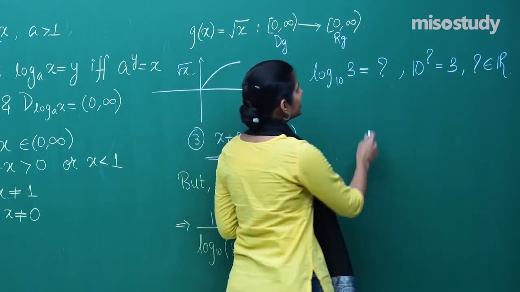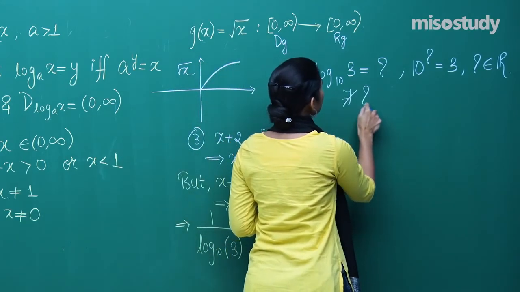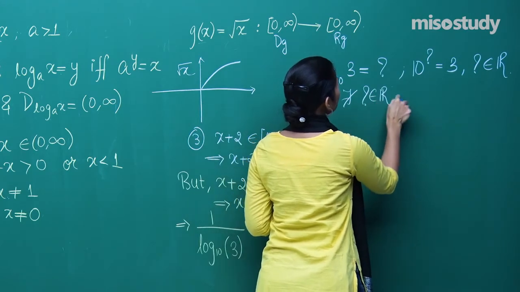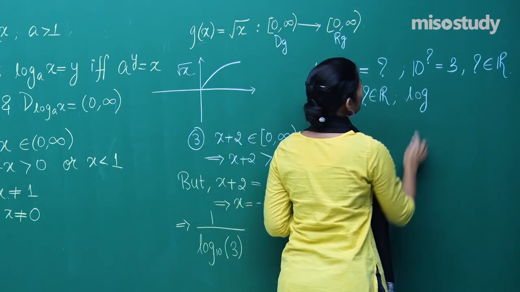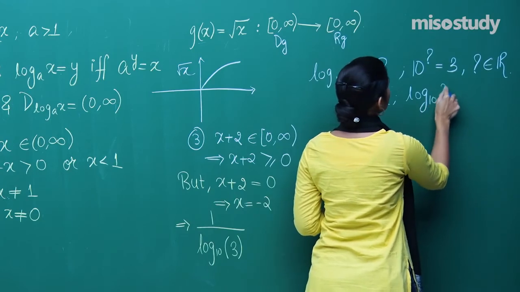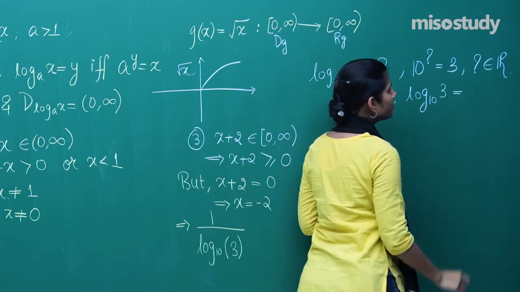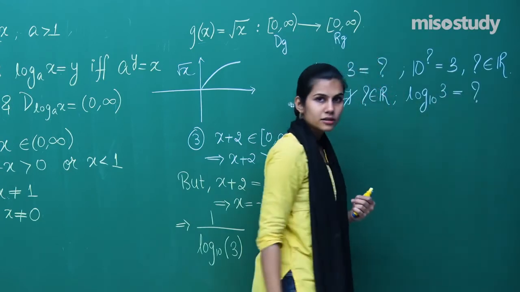That is why there does not exist any question mark in R such that log 3 to the base 10 comes out to be a question mark.